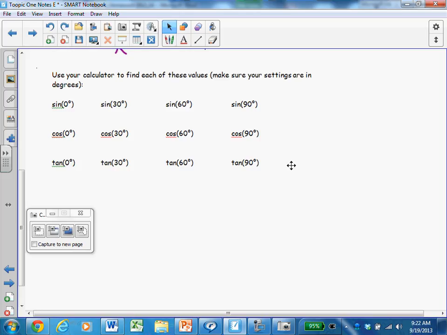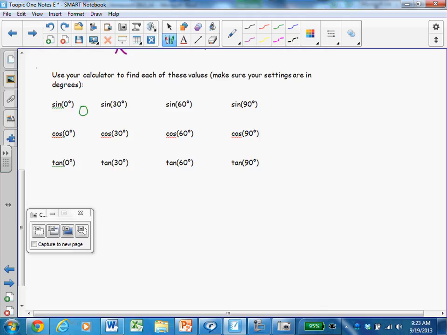Now you juniors and seniors, sometimes you guys are working in radians. If I put you in degrees, because we only work in degrees, you've got to remember if in math you're in radians, you've got to go back, right? So this should be 0 degrees. Now let's try the sine of 30.